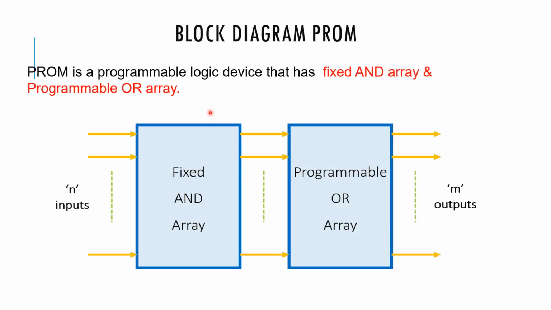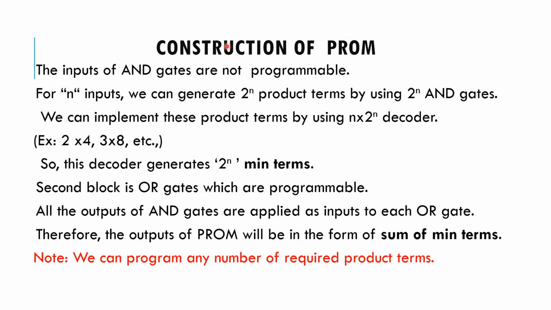So this is actually the block diagram of PROM. N inputs are given to a fixed AND array, and the outputs of the fixed AND array are given to a programmable OR array, which in turn gives the M outputs. Right. So the construction of PROM can be briefed like this: the inputs of AND gates are not programmable.